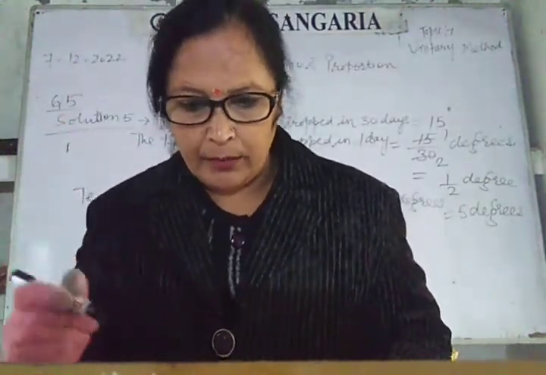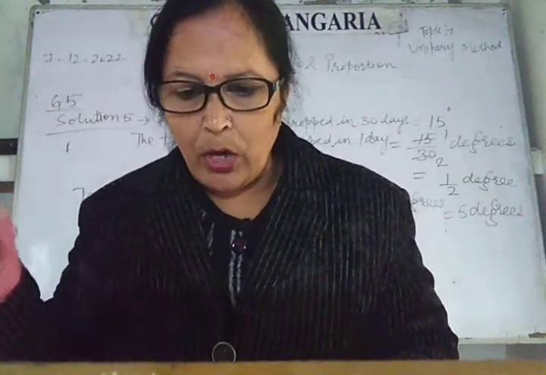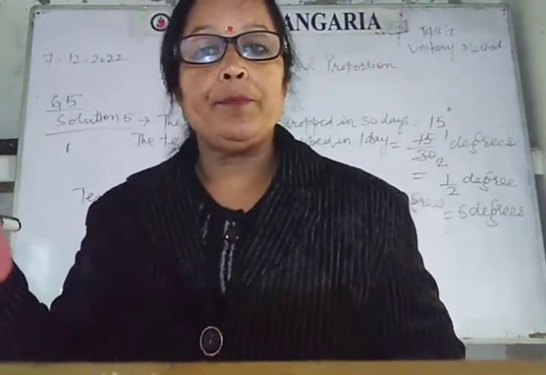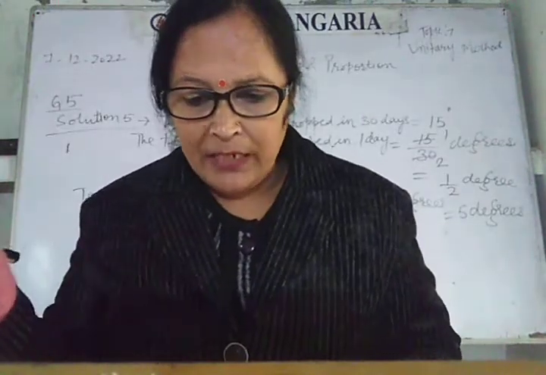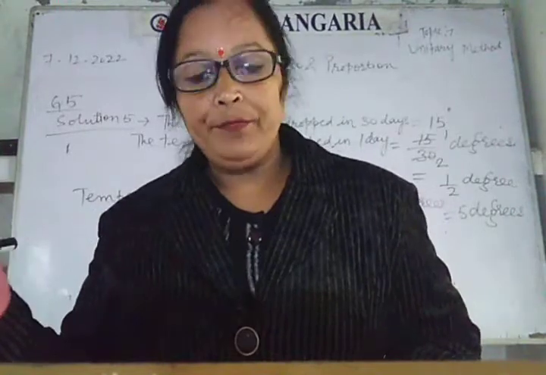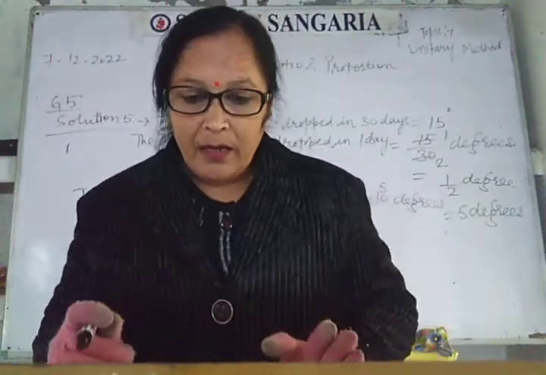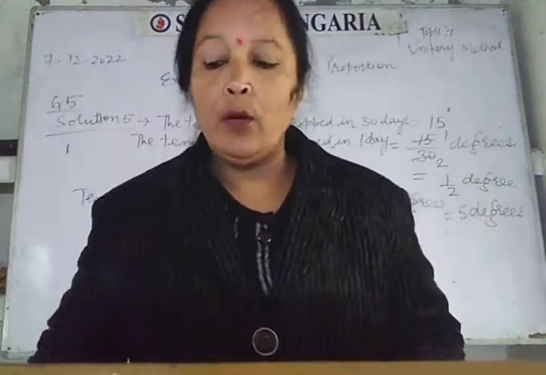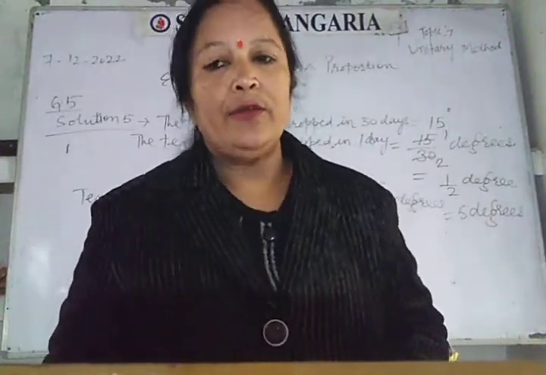And here question number 7 also. The cost of 4 dozen bananas is rupees 60. And how many bananas can be purchased for rupees 12.50? Here I have already told you that in 1 dozen there are how many units? 12 units.